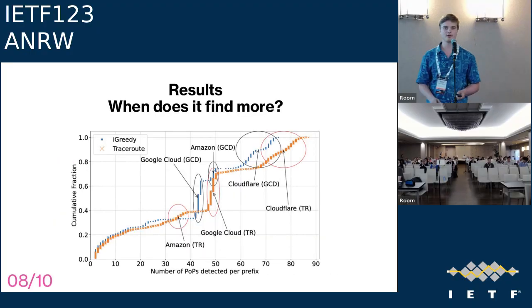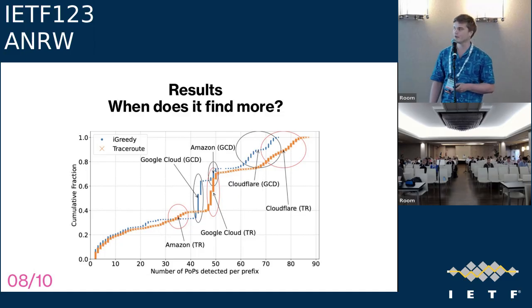Next we look at all the Anycast prefixes, all the 14,000 that we measured. And we compare both iGreedy and traceroute in terms of how many points of presence each finds for each prefix. That's what the CDF shows here. We grouped some large spikes in the graphs, which are caused by these large cloud content delivery networks, which originate a large number of Anycast prefixes.